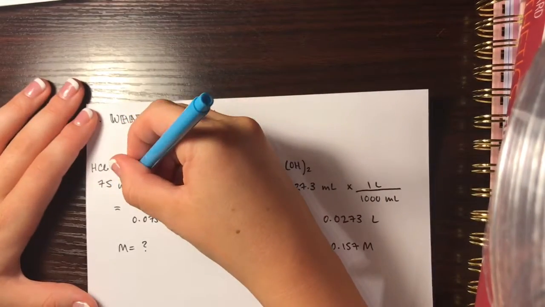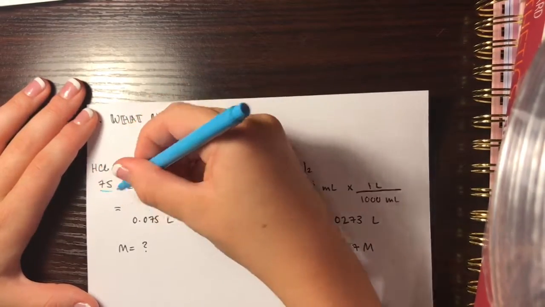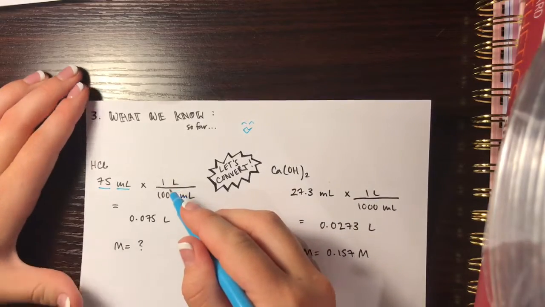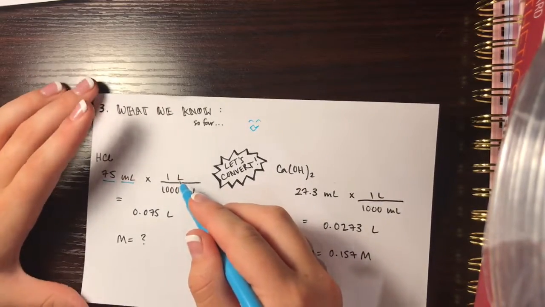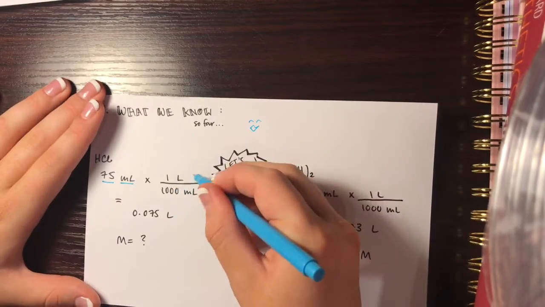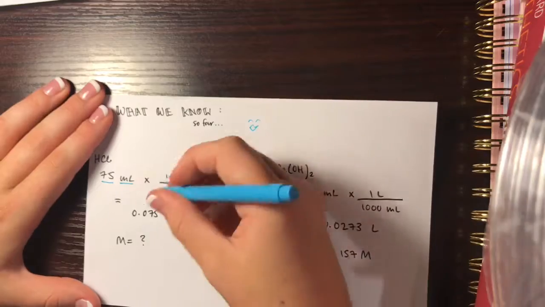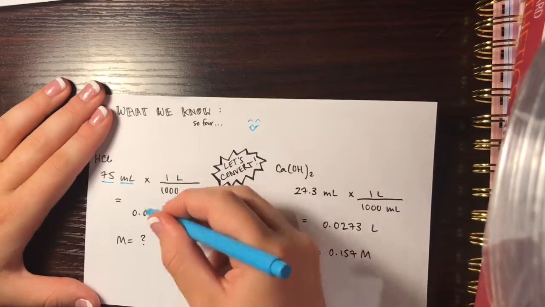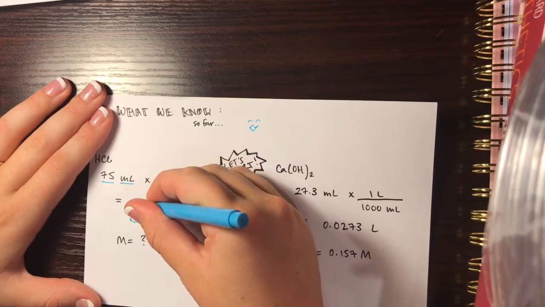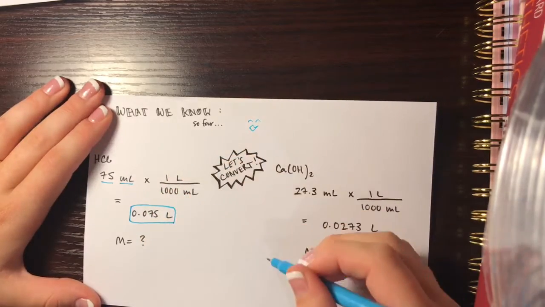So we have 75 milliliters, right? And we're going to want to change that to liters. Whenever you have milliliters, you're going to want to change it. So there are 1,000 milliliters in 1 liter. We divide, and we get 0.075 liters, okay?